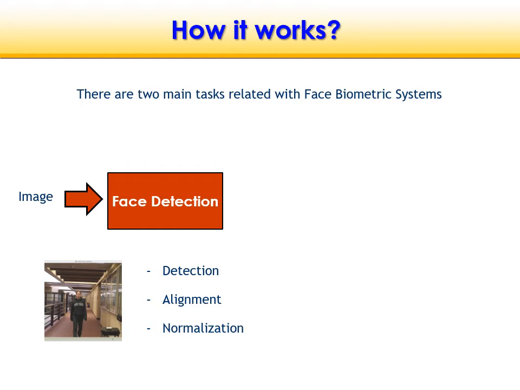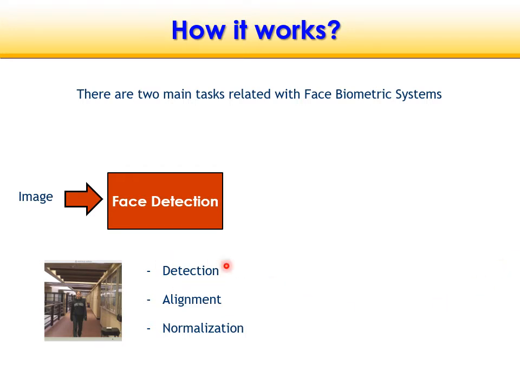That happens also in iris. In iris, we have very good methods to locate the iris boundaries. In face, we have to locate the face usually in a very complex image, in a background that is sometimes cluttered, and the face may be at a distance. So we may have to use a very sophisticated, very complex method, sometimes as complex as the recognition, just to locate and detect the face.